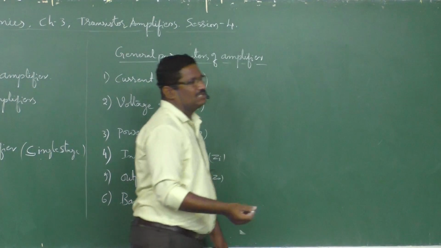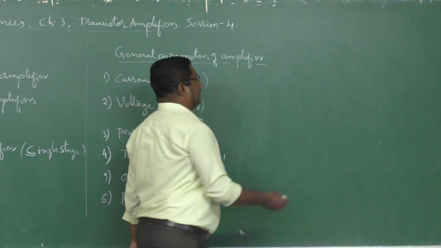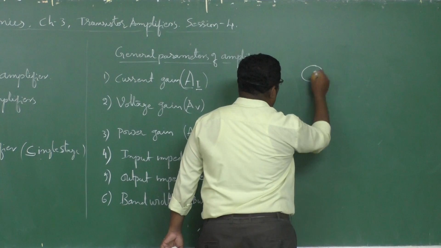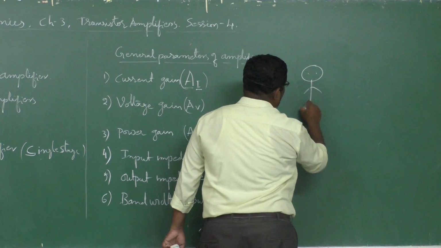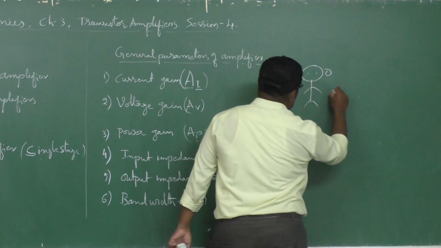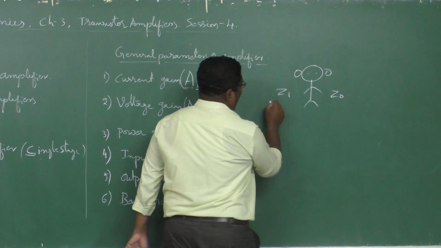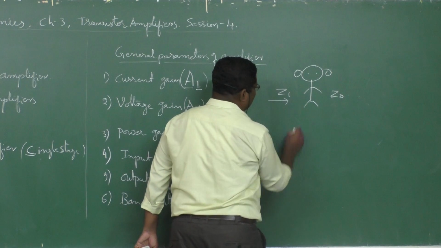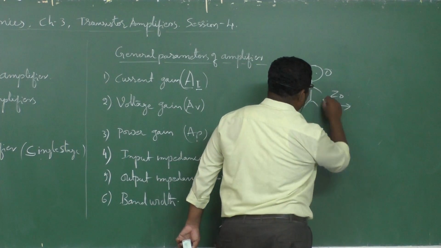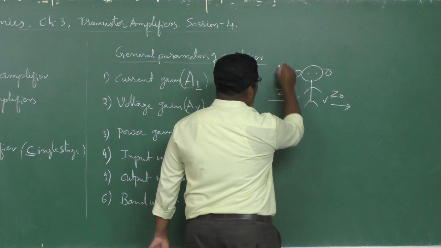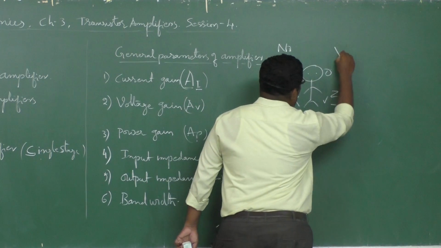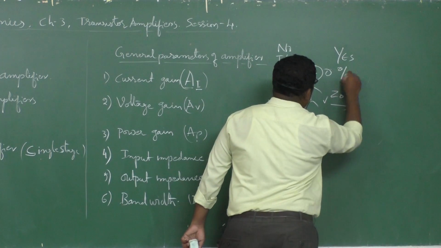I had explained this with one clear example. There is one person, who has input impedance and output impedance. If something is given to him, he says no, and if anybody asks him, he gives it out. So no for input, yes for output.